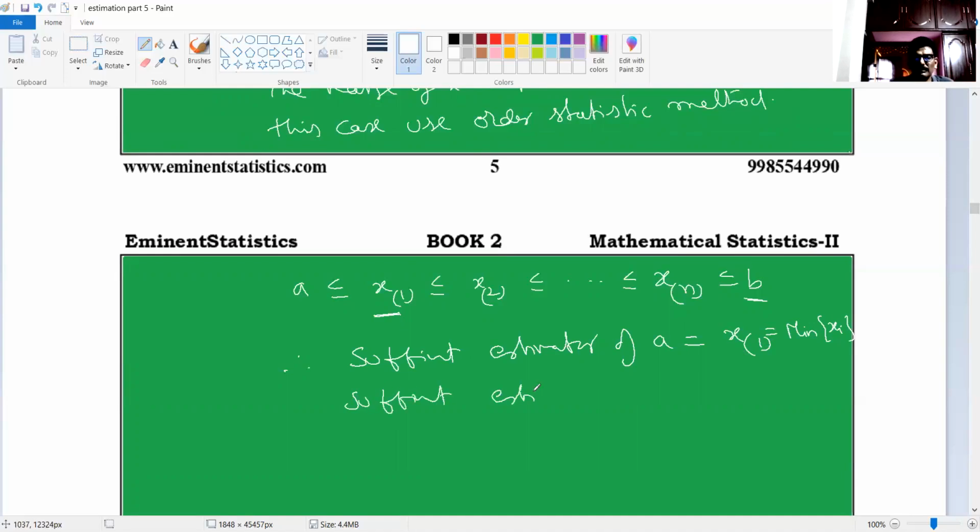The sufficient estimator of b is xn order, the maximum of xi.